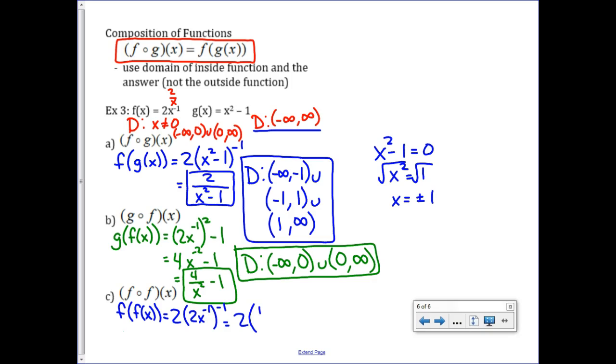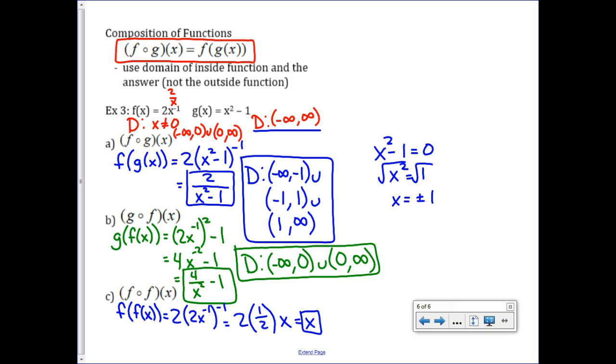Well, 2 to the negative 1 is the same as 1 over 2 to the first. Then I have x to the negative 1 to the negative 1. So power to a power, I'm multiplying. Negative 1 times negative 1 is just x. So 2 times 1/2 is just 1. So I end up with x.